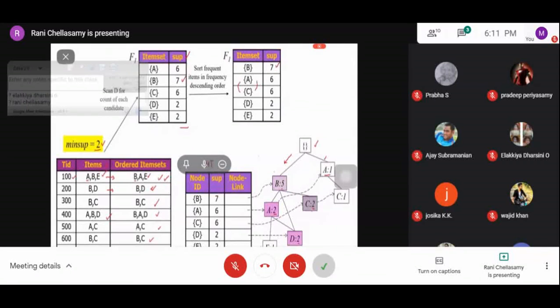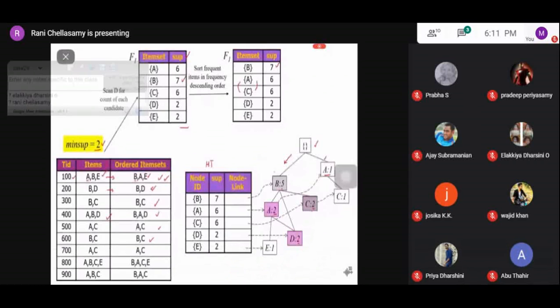The next transaction, 700, is A comma C. Again A comma C is repeated, similar to the 500 transaction. So you can easily increase the count of A as well as the count of C. A count is incremented to 2 and C count is incremented to 2. Next, transaction 800, BACE.